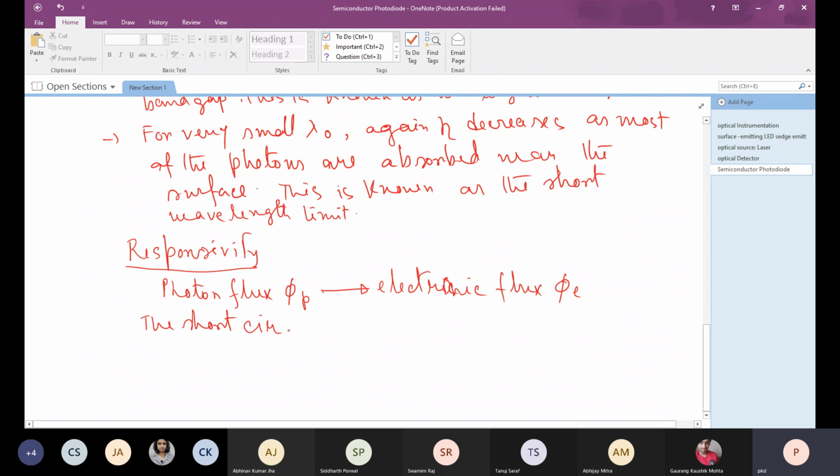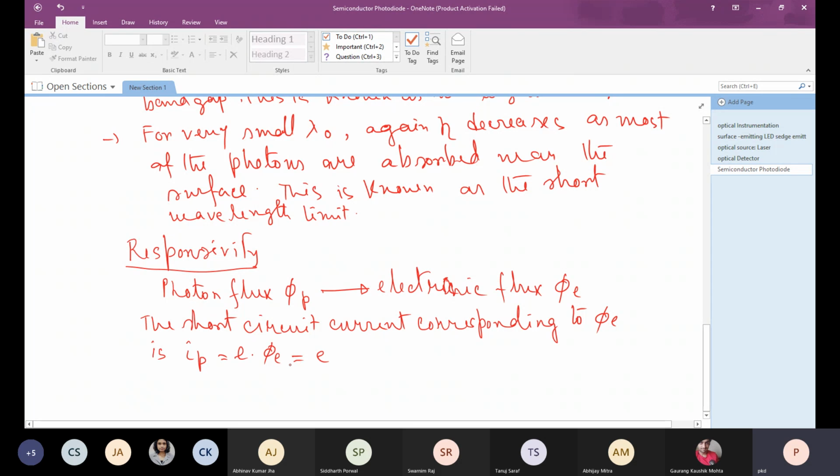The short circuit current corresponding to this phi e is IP, the charge of an electron multiplied by the number of electrons, that is the electronic flux phi e.